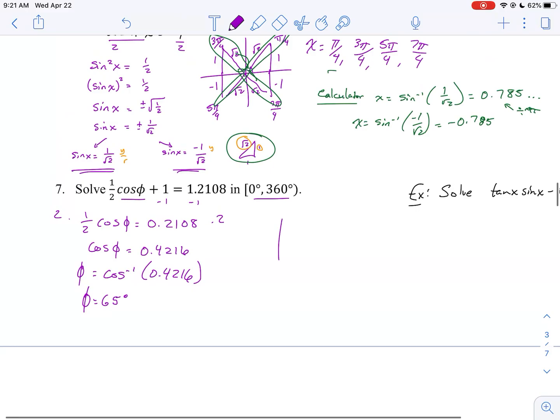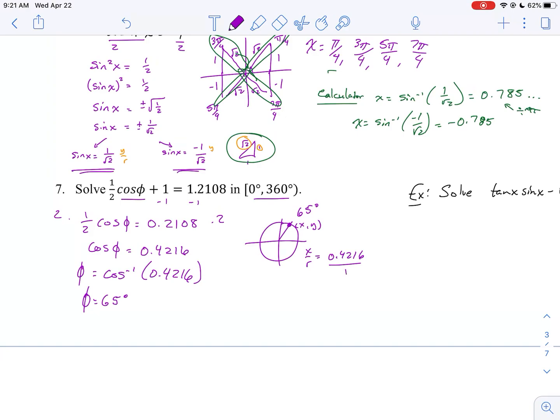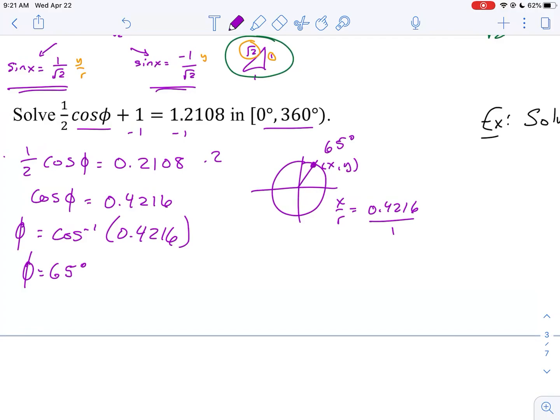So on your circle, if I have a 65-degree angle, the x value over r is going to give me 0.4216. And if r is 1, then x is 0.4216. Doesn't matter too much.